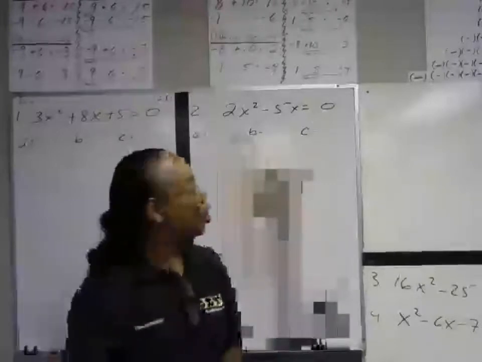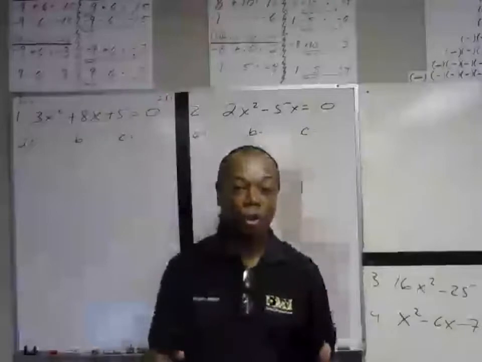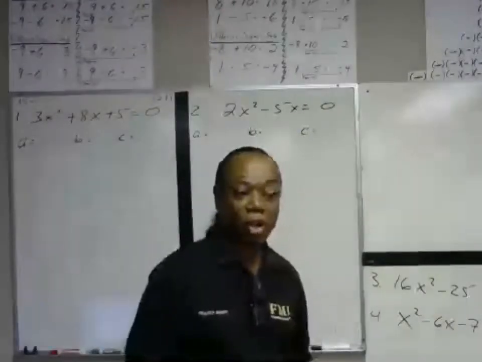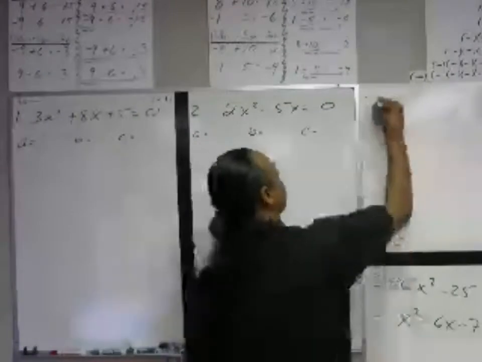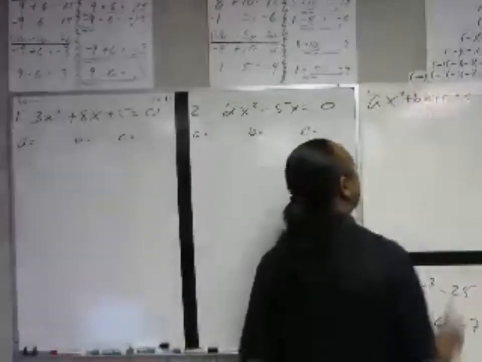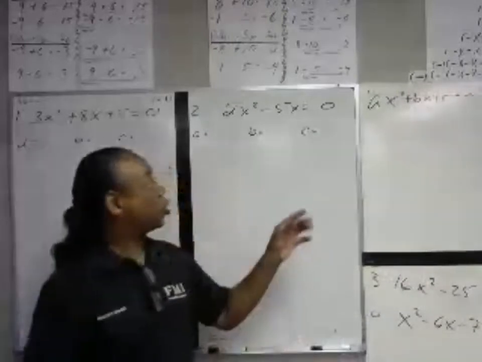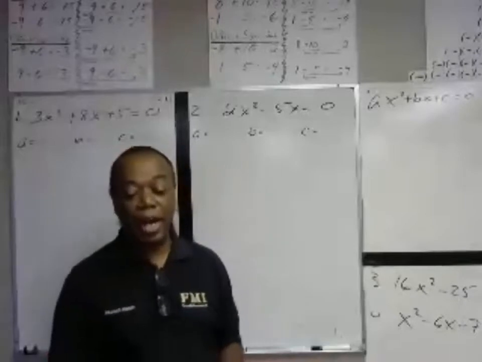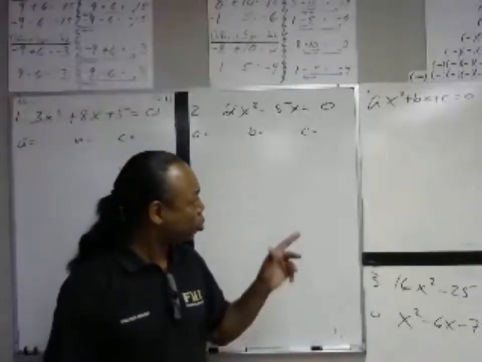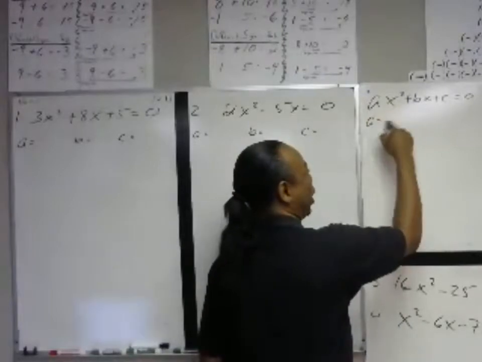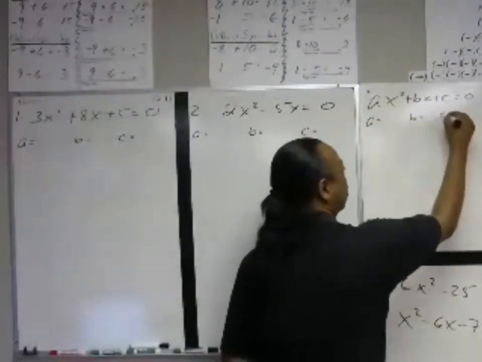Using the infamous quadratic formula. So this is the general look that we start off with our quadratics: ax squared plus bx plus c equals 0. And then we're going to solve these by first finding out what a is, what b is, and what c is.